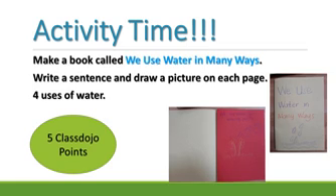We use water for watering plants, or we use water to water plants. Once you finish your book, send me the picture and I'll give you 5 Class Dojo points. Always remember, kids, be creative with this activity and enjoy doing it.